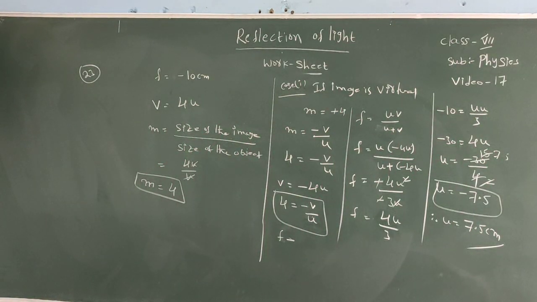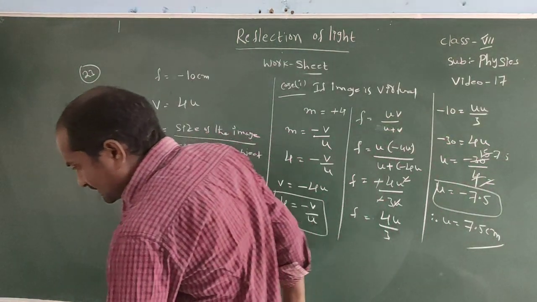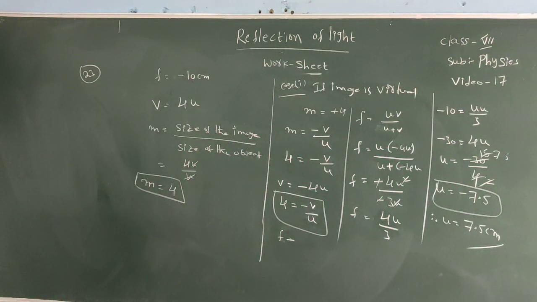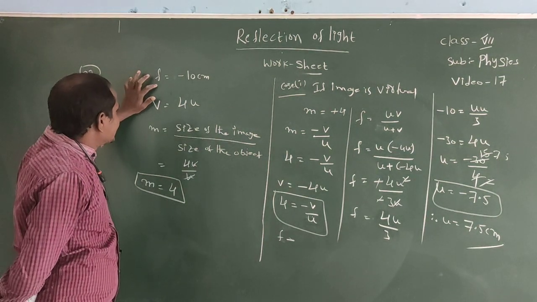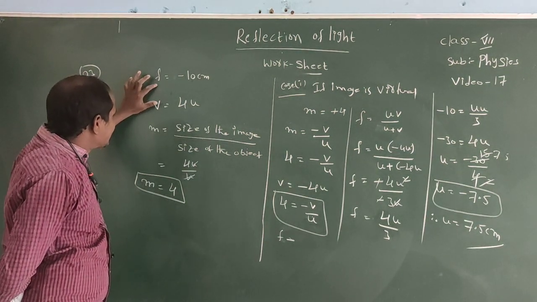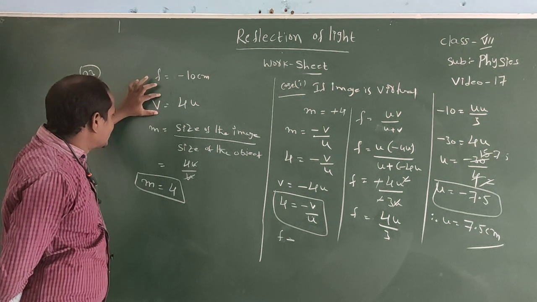In second case, here image is considered as a real. If image is real, then m equal to here negative. Okay, if magnification is negative, then image is real. Listen once again. Focal length is given minus 10 centimeters. V is given that equal to 4u.